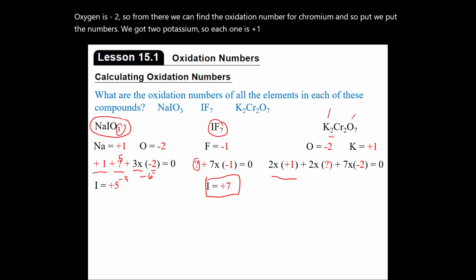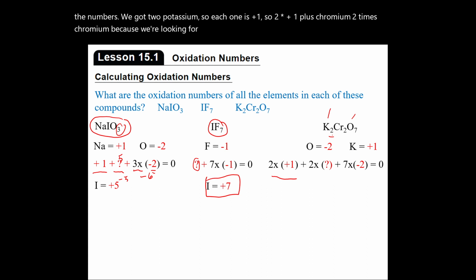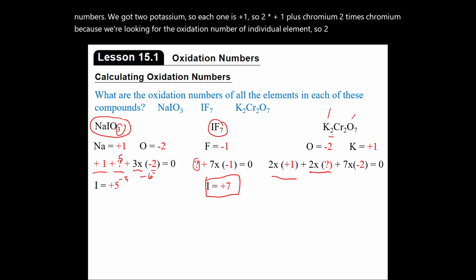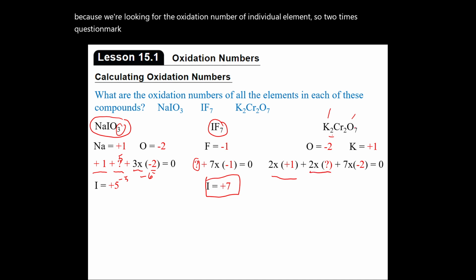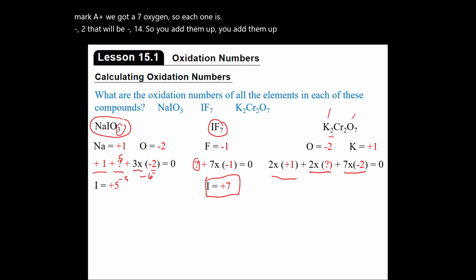So 2 times +1 plus 2 times chromium, because we're looking for the oxidation number of the individual element. So 2 times question mark plus we got 7 oxygens, so each one is -2. That will be -14. So you add them up, and you come up with +6.